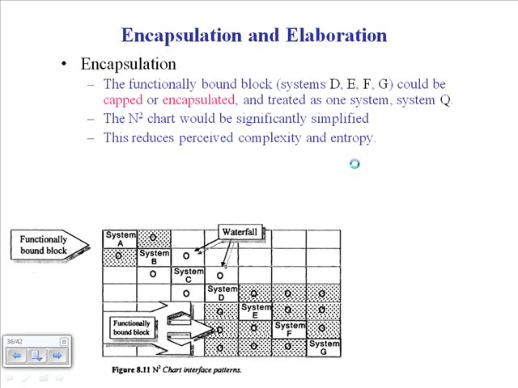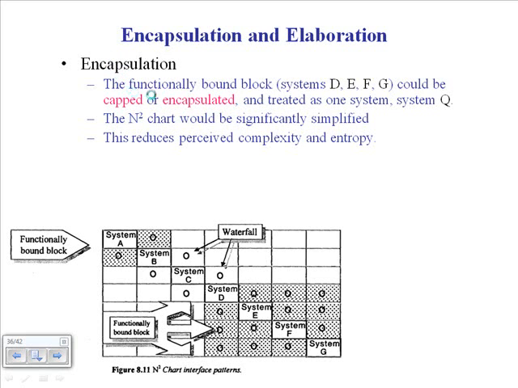So this is a very important concept in systems engineering because it allows us to think about these blocks as one entity. Even though it may have several subsystems within the block, we can look at it as one entity through this idea of encapsulation.